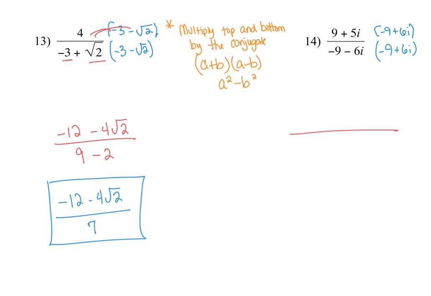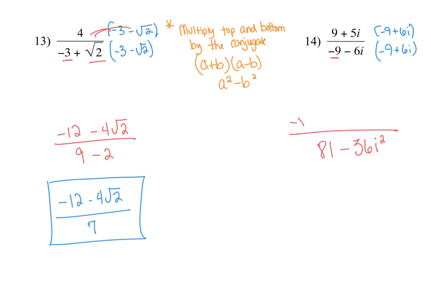For number 14, again on the bottom, I have the multiplication of conjugates. So the first one squared, 81, minus the second one squared, that is 36i squared. On the top, I'm going to FOIL.